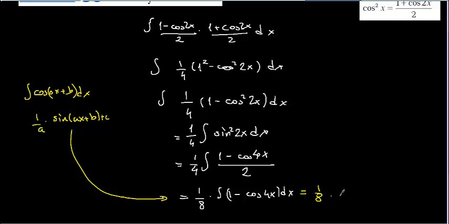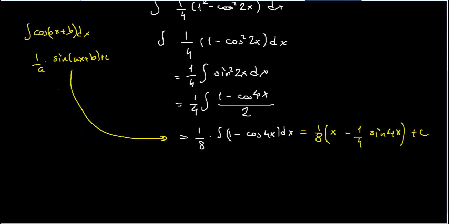The integral of 1 is x, minus the integral of cosine 4x, which is 1 over 4 sine 4x plus c.